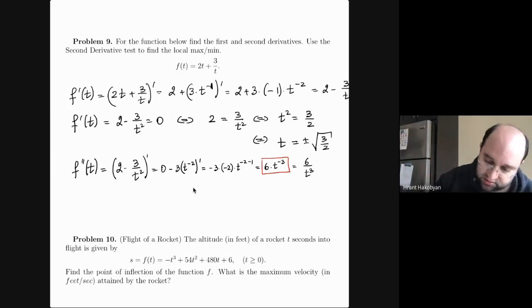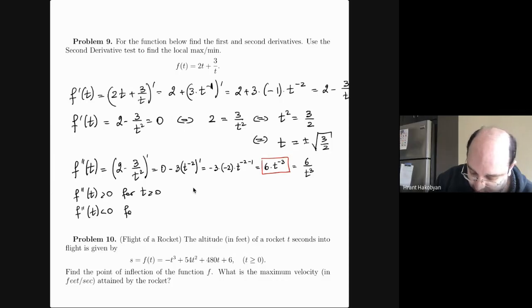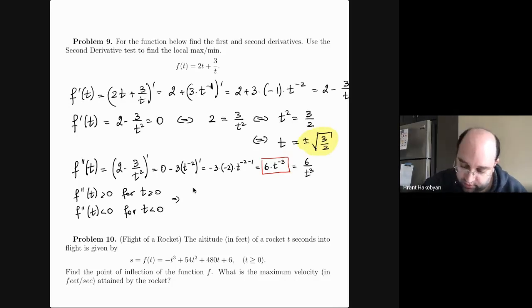So that means f double prime of t is positive for t positive, and negative for t negative. Okay, so what does that mean? I have two numbers here, plus and minus root 3 over 2.